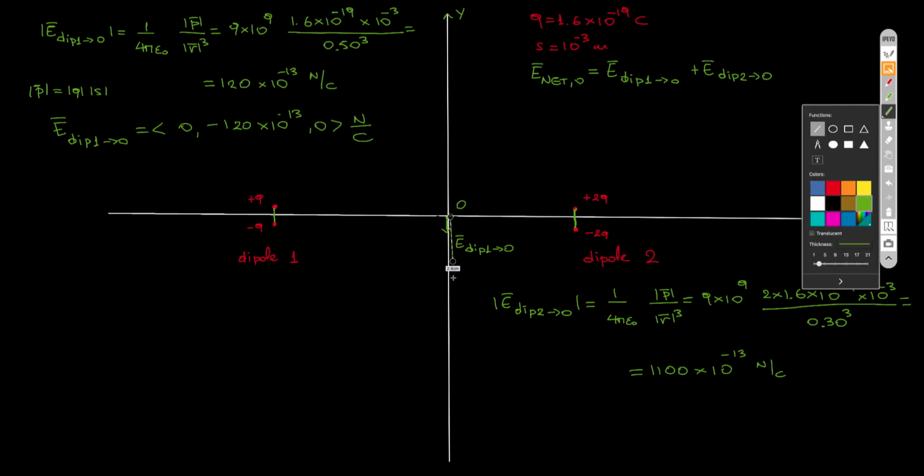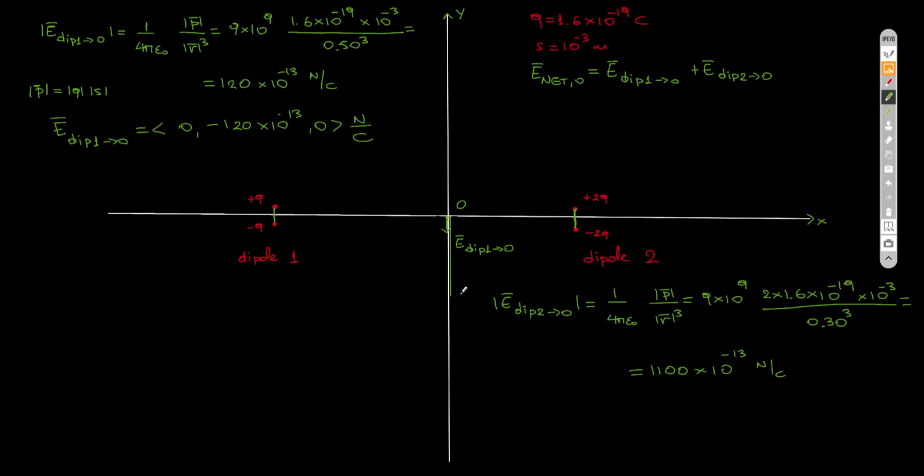So this will be the electric field from dipole 2 to the observation location. And now I can write that as a vector with my x, y, z components.